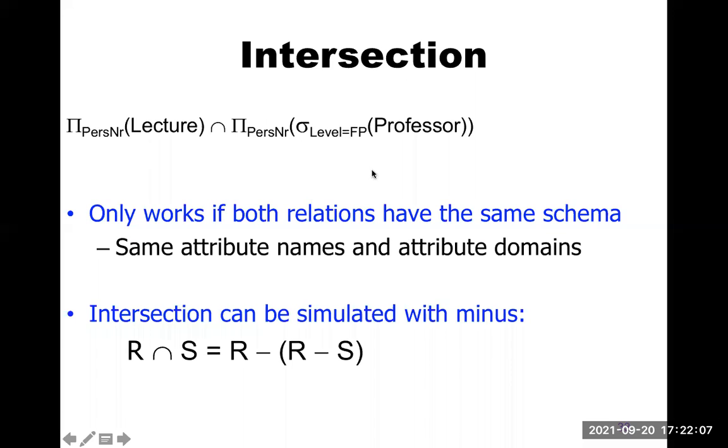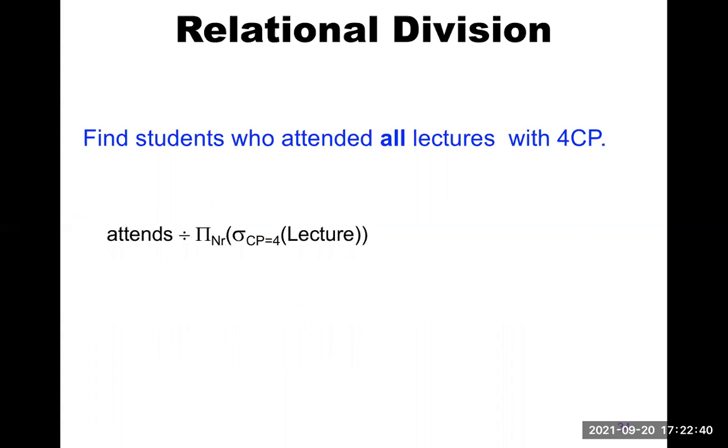Essentially, this result is a list of professor identifiers who give at least a single lecture and are full professors. So assistant professors are not present here, and professors, even full professors who don't deliver lectures at this moment, are not in the list. Intersection may be simulated like this: R minus S and R minus this result, like in set theoretic operations.